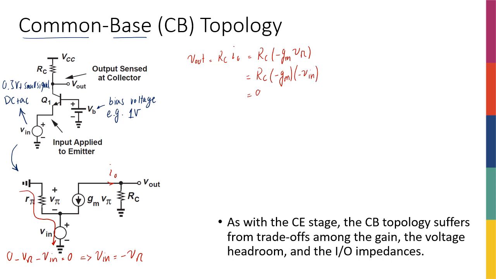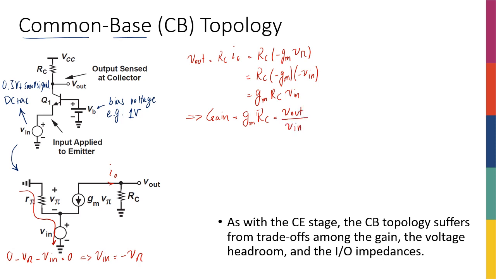So it's going to be just gm RC times Vin. This tells me that the gain for this stage is just gm RC, which is very similar to what I had for common emitter, the voltage gain. By the way, this is V out over Vin, in case it's not clear.